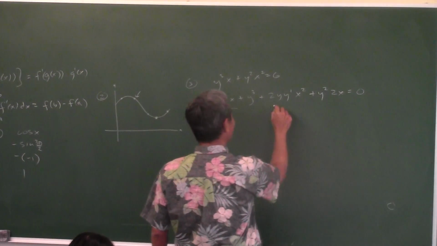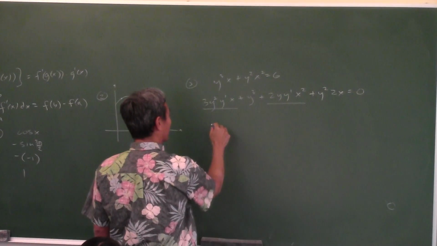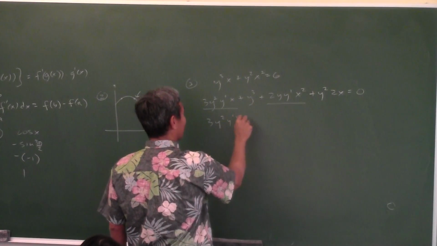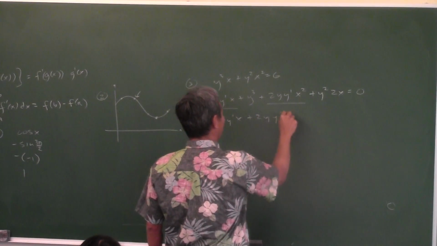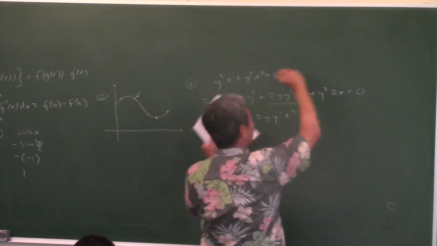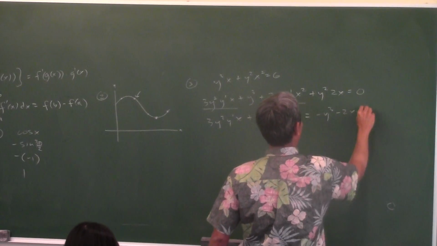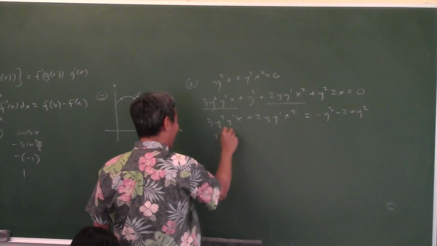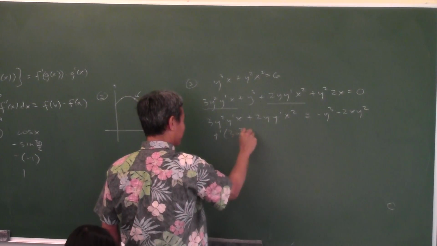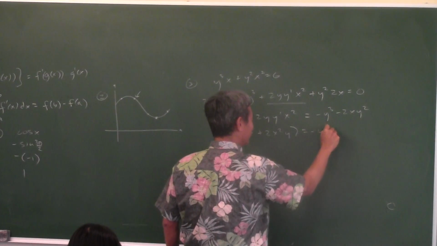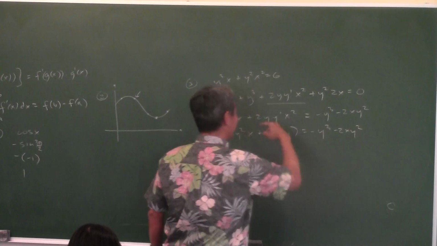Can you guys do this in your head now? Look, these are the two y prime terms. Never mind, you can't do it in your head. Throw everything else on the other side. So it's going to be minus y cubed minus 2xy squared. Factor out the y prime. This is just algebra here. And then divide.